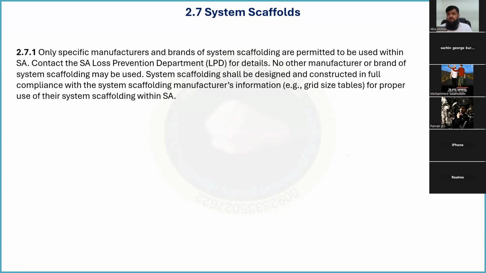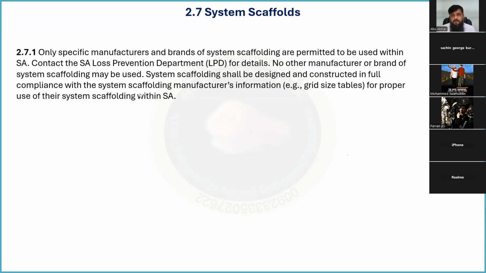Like sometimes we bring some table, chair, something like that, a cupboard, a specific diagram comes. How much the distance will be, vertical height. So these types of specific measurements have to be achieved from the manufacturer for proper use of their system scaffold within Saudi Aramco.